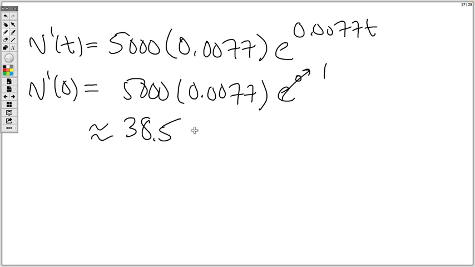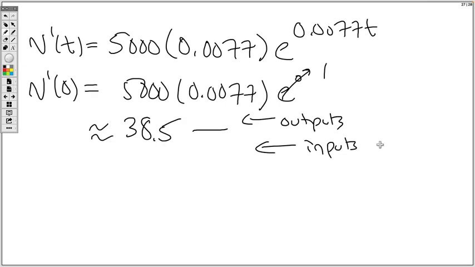We found it. Okay? But now we need to interpret that in terms of yeast and time. So remember, derivatives are what? They're slopes, they're rates of change. Okay? So the numerator is going to be the outputs. The denominator are going to be the inputs.